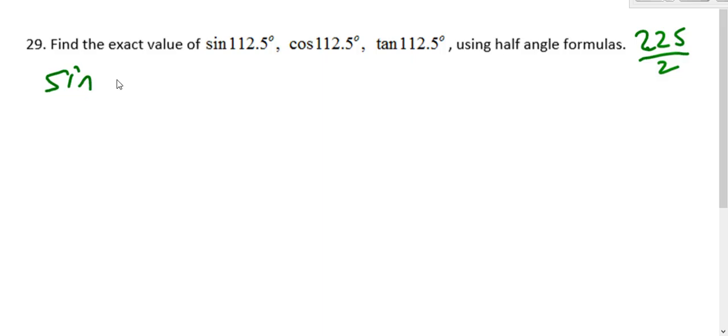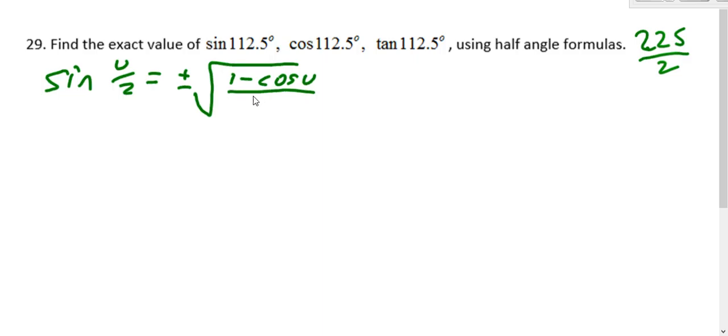And for sine, plus or minus the square root. So the plus or minus comes from what quadrant 112.5 is in. That is in quadrant 2. So sine will be positive.